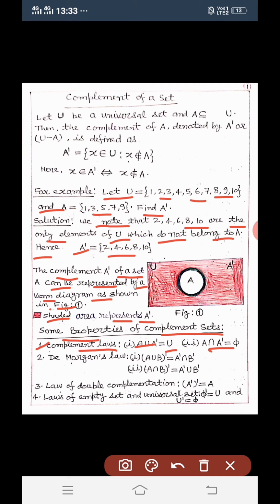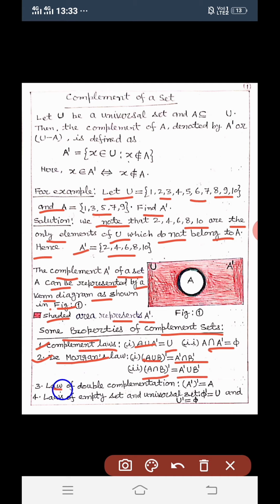De Morgan's law: A union B whole complement equal to A complement intersection B complement. A intersection B whole complement equal to A complement union B complement.